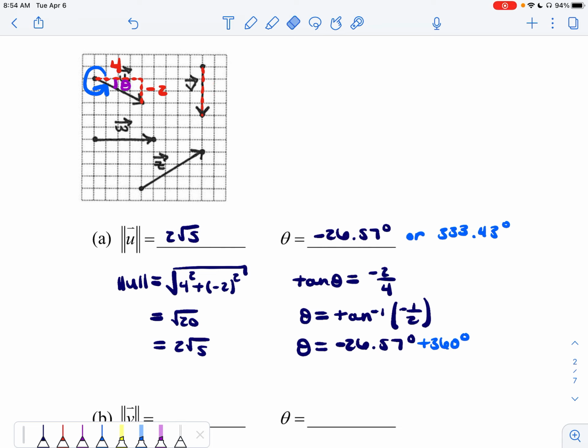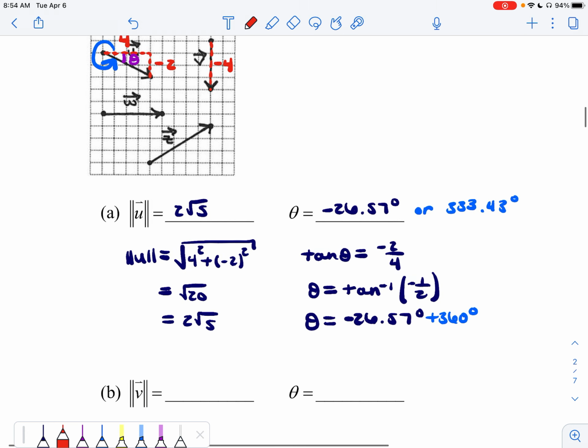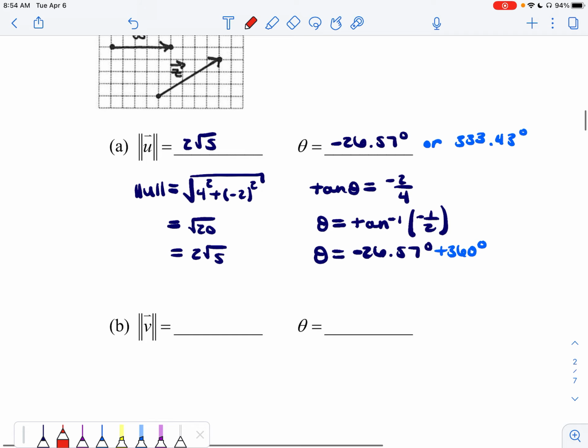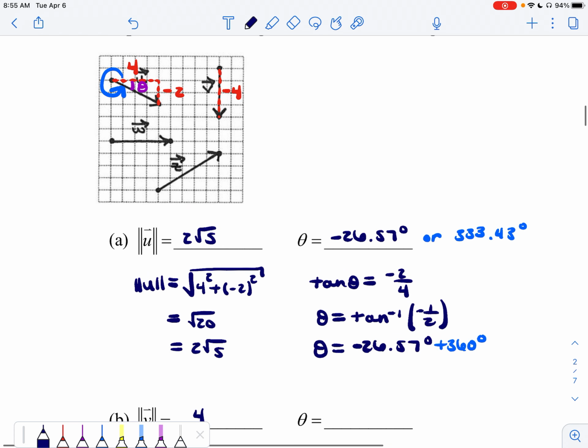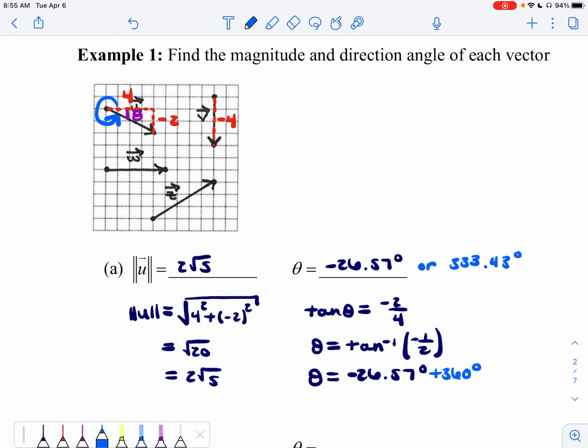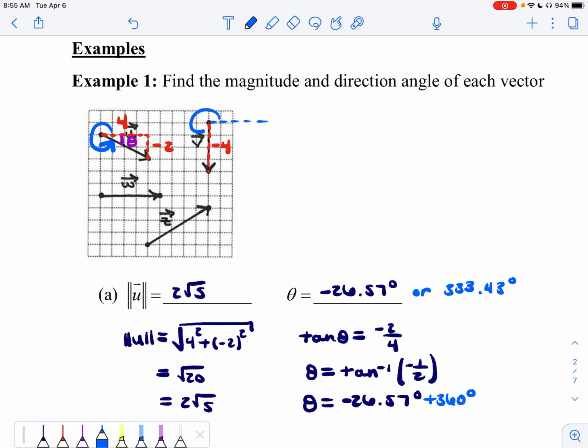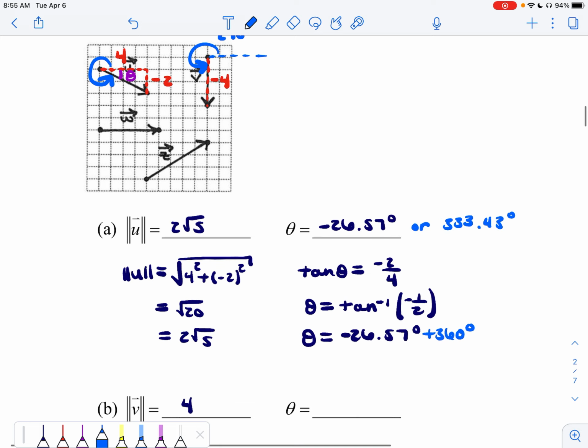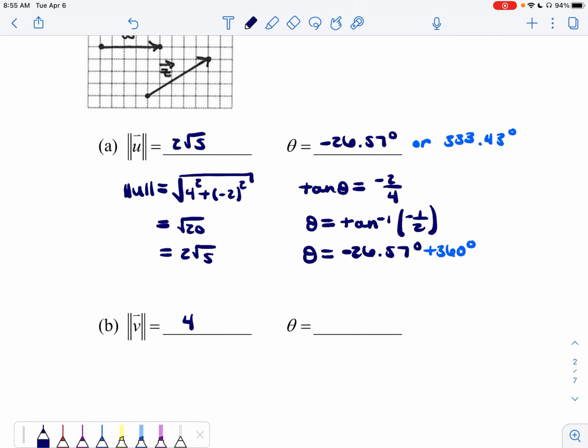I should have said here, though, negative 4 units down. Magnitude, though, since it's a length, is always positive, so our magnitude is 4. As far as the direction angle goes, if we think about measuring from the positive x-axis, this is an angle of 270 degrees.